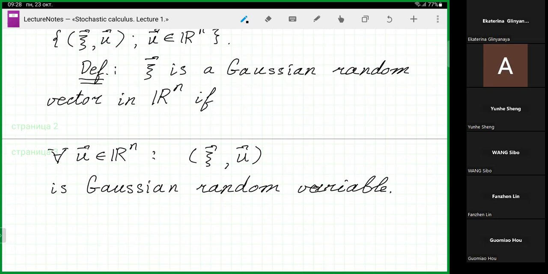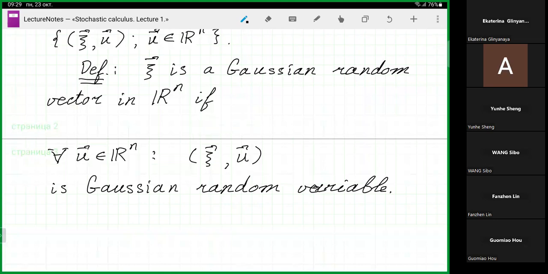And the first question is, what do the parameters of the distribution of a Gaussian random vector look like? Because in the case when we have a Gaussian random variable, we have a very simple description. Its density or its characteristic function depends only on two parameters, A and sigma square, and they have a very clear and simple probability meaning.